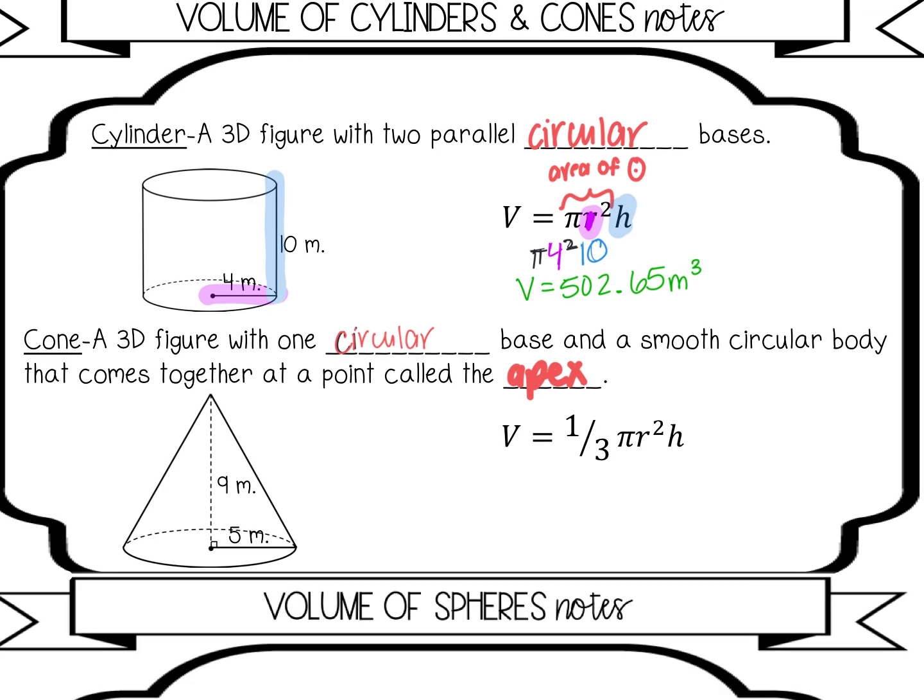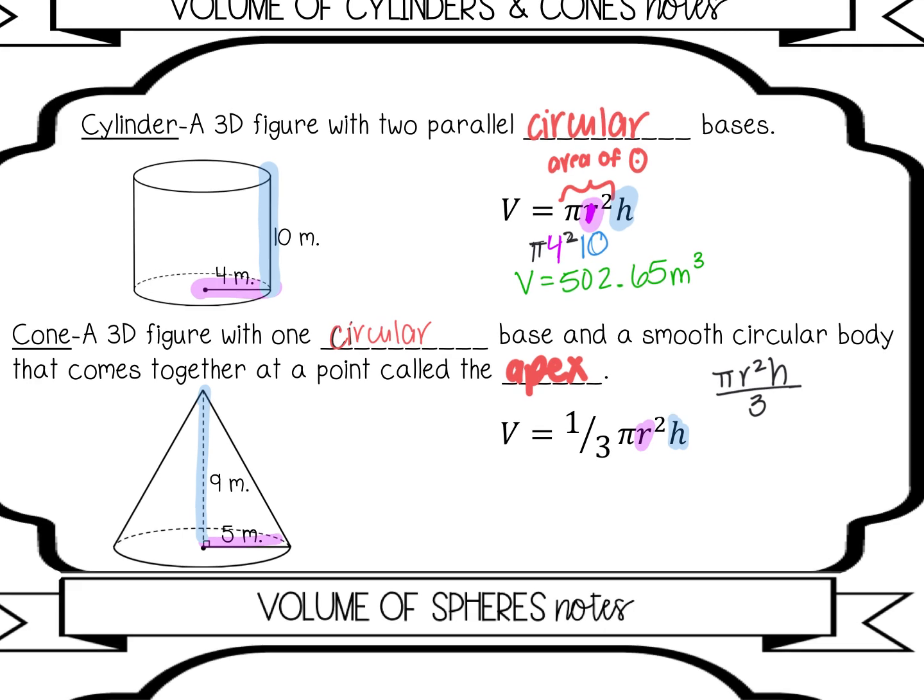All right, so same thing as before. I'm just going to go ahead and write it. I like writing it as pi r squared times my height divided by 3. And that's how I'm plugging in. I have my radius, which is 5. I have my height, which is h.